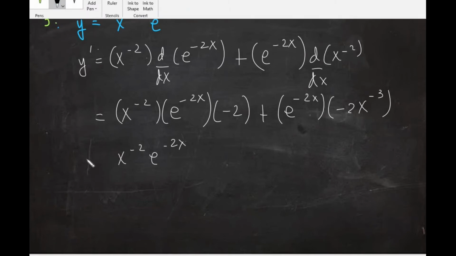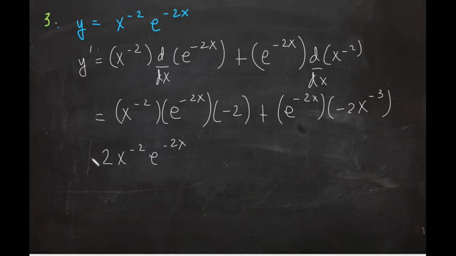We'll have negative 2 as one of our factors, so negative 2x raised to negative 2, then e raised to negative 2x. Here all of these terms are factored, so we'll simply have 1 there, and then here e is factored out, and negative 2 is factored out. So the only term left would be x raised to negative 1.